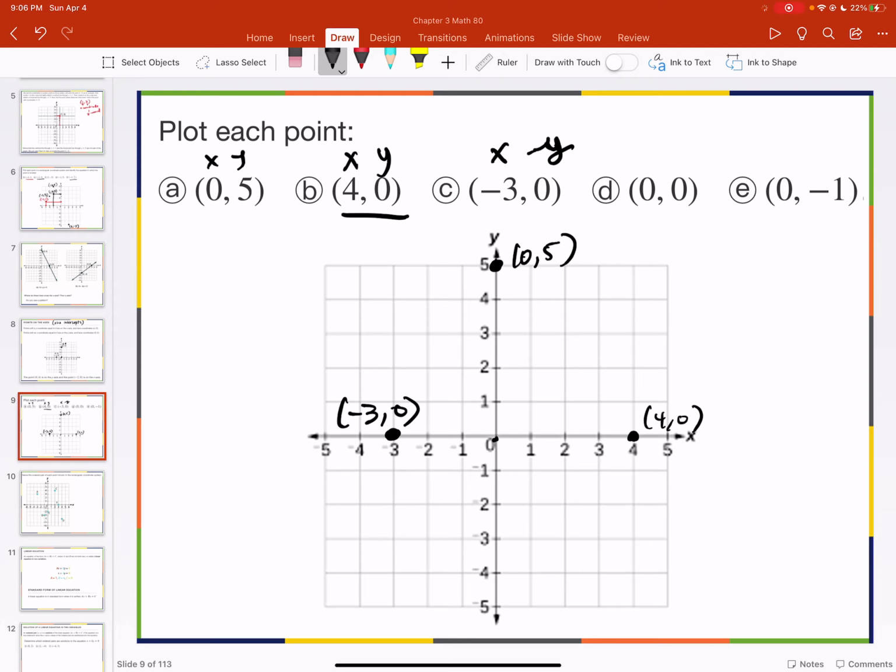Then you have, of course, the origin (0, 0) right there, our favorite. And then (0, -1), where x equals 0 and y equals -1, that's right there.